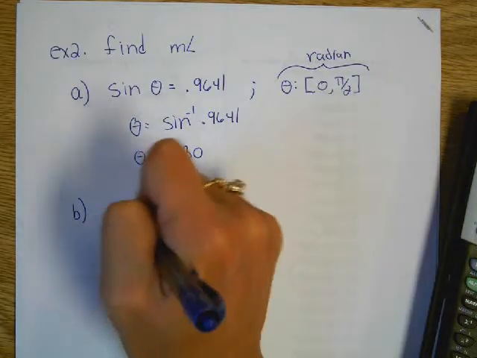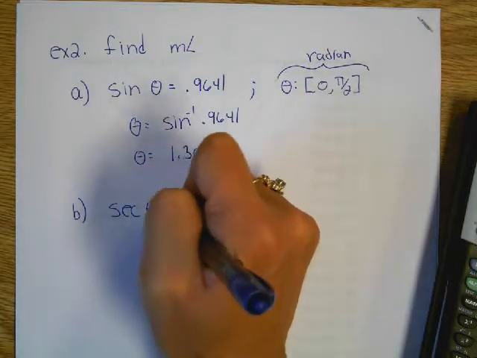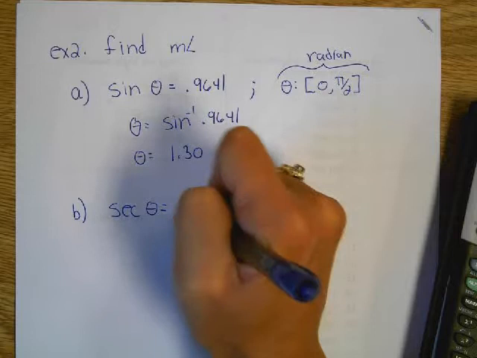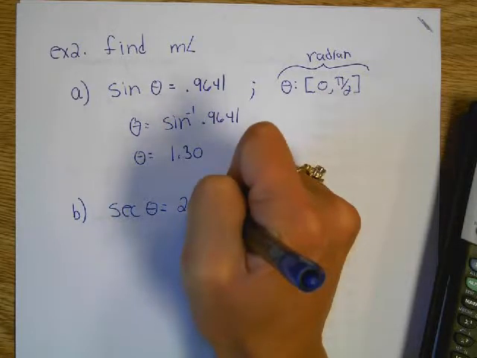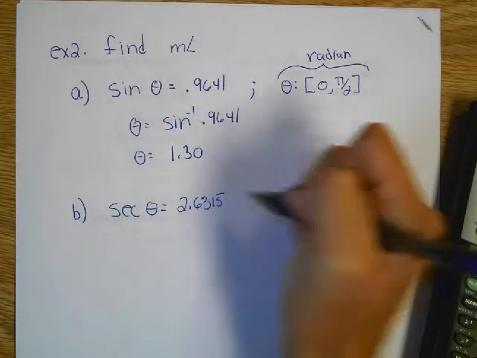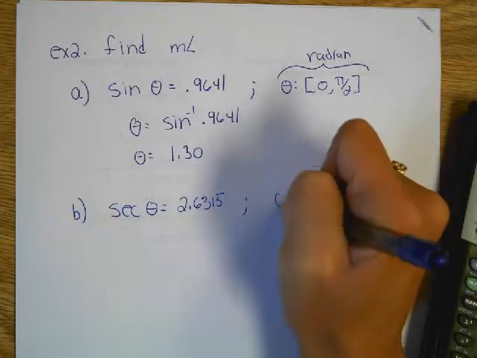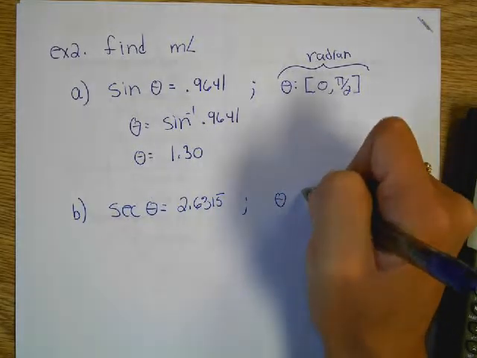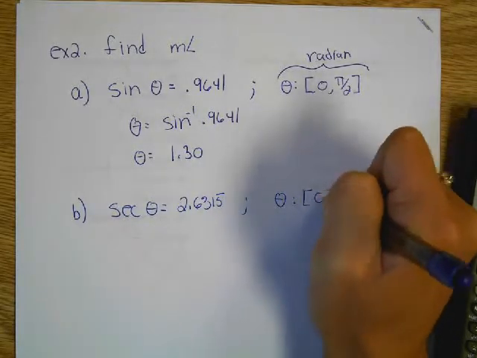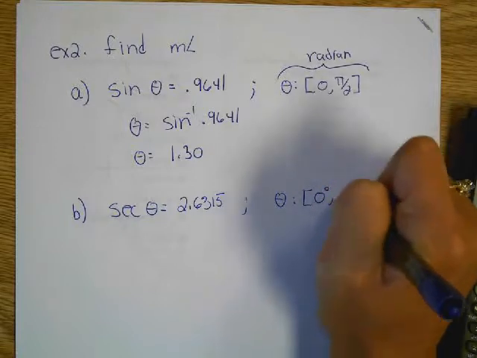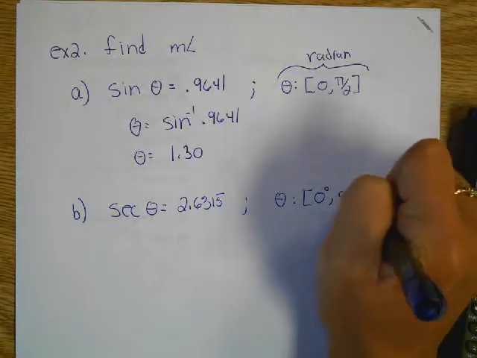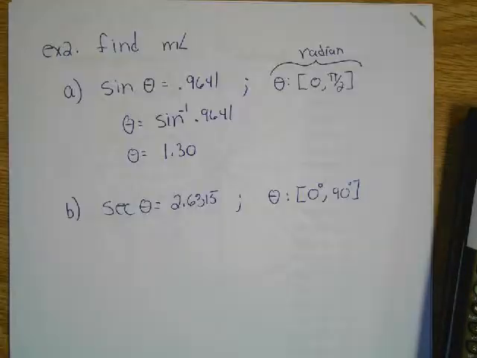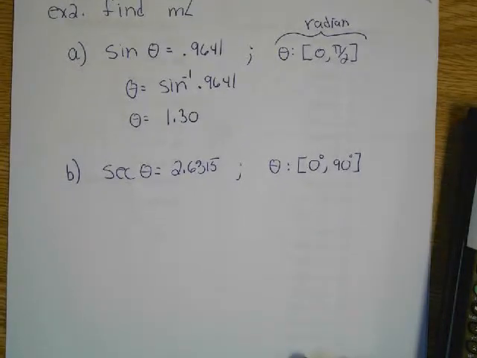So the secant of some unknown angle is 2.6315. And this time I want the angle to be between 0 degrees and 90 degrees. So what does that tell us?